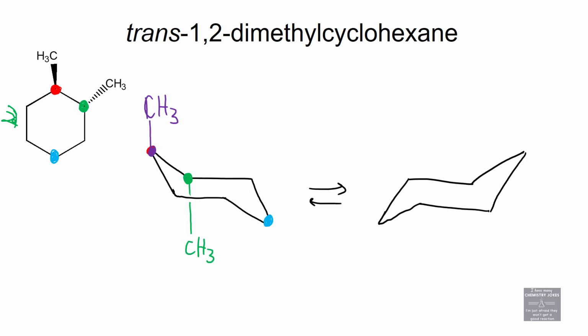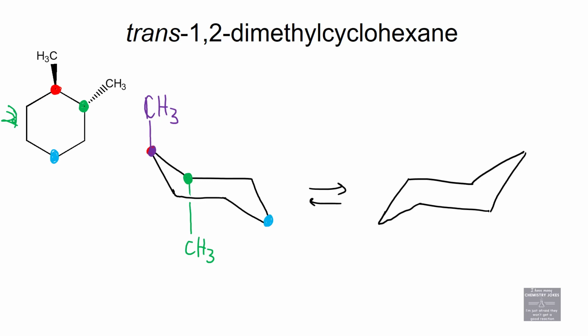So it's all about the templates of my chair structures. It's not just up means axial, down means equatorial. It depends on how you map your molecules together. Hopefully that makes some good sense to y'all. I don't know how else to explain it, but maybe I'll get some feedback later.